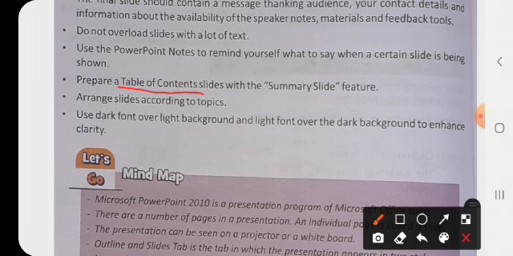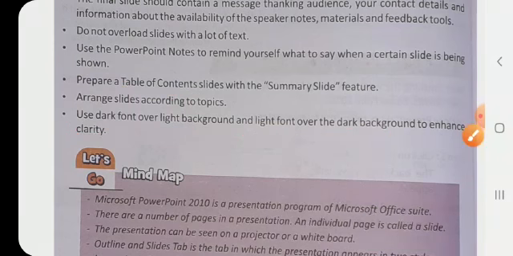And if you have a light font, then use a dark background to enhance your clarity. So this is something very important to be known. Use dark font over light background and light font over dark background, to enhance clarity, in order to make your work look perfect.